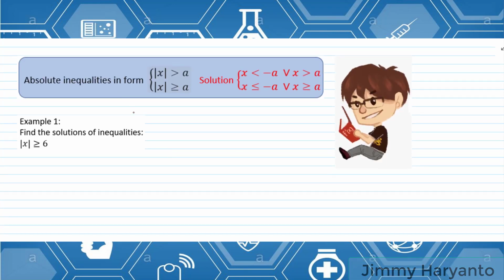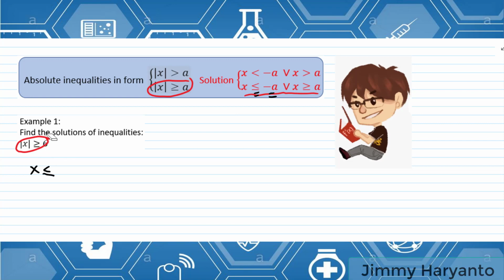Example 1, find the solution of the inequality absolute value of x greater than or equal to 6. The form is already the same as the bottom one, so we use this solution. The solution will be x less than or equal to negative a.